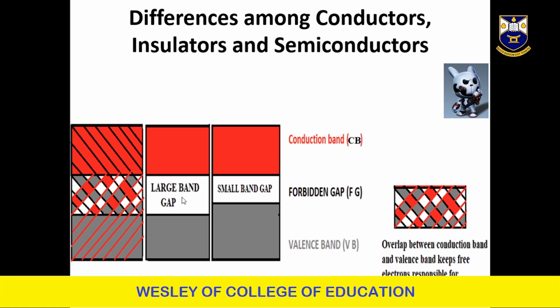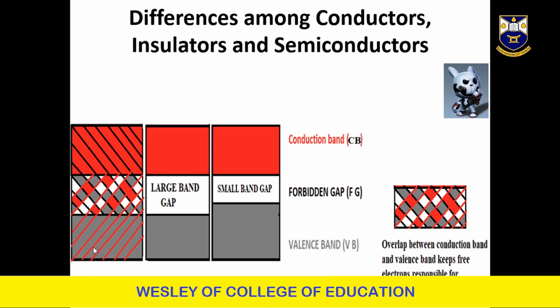If we take the semiconductor, you also see similar arrangements. There is a valence band, there is a small forbidding gap, and a conduction band. When you take the conductor, what we see is an overlap between the conduction band and the valence band.